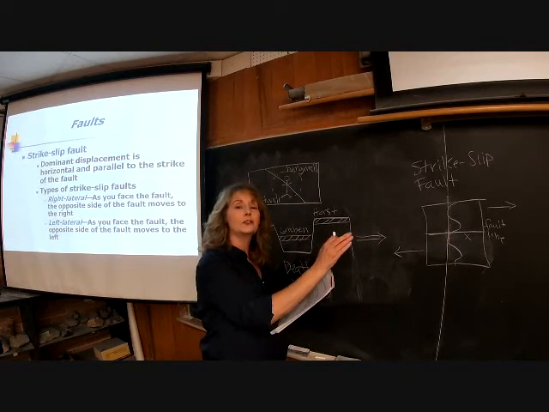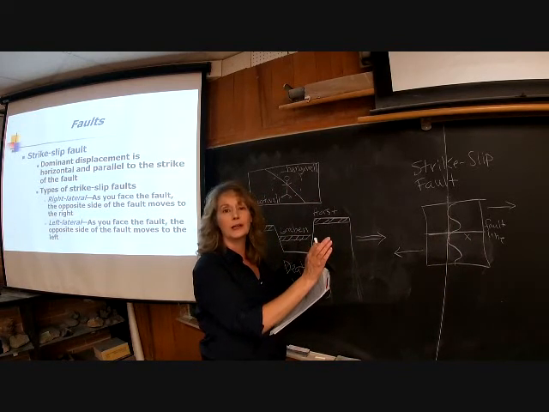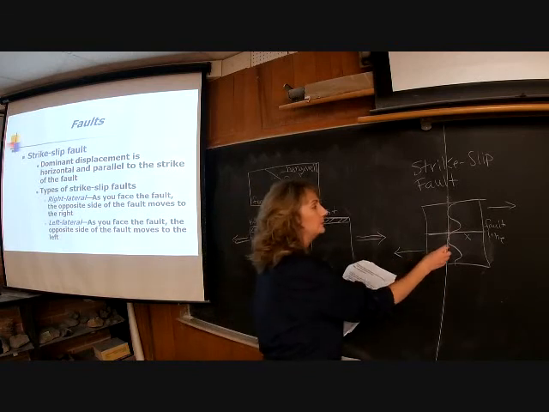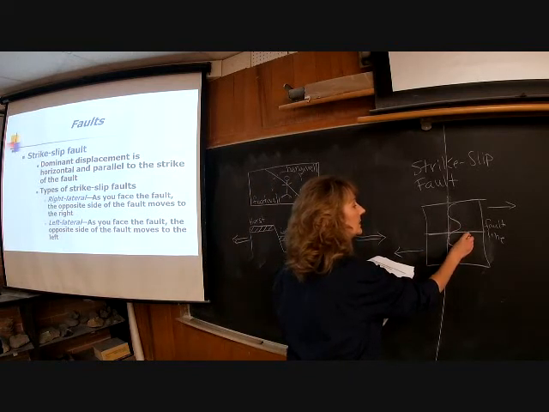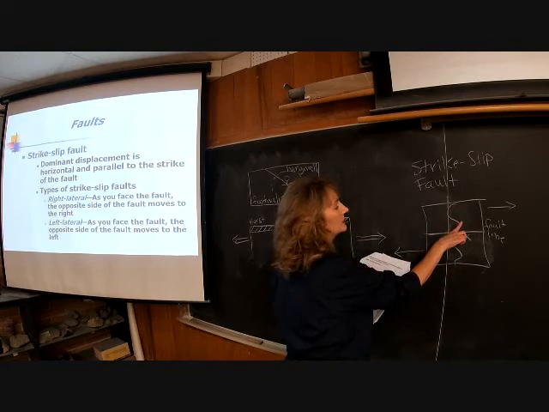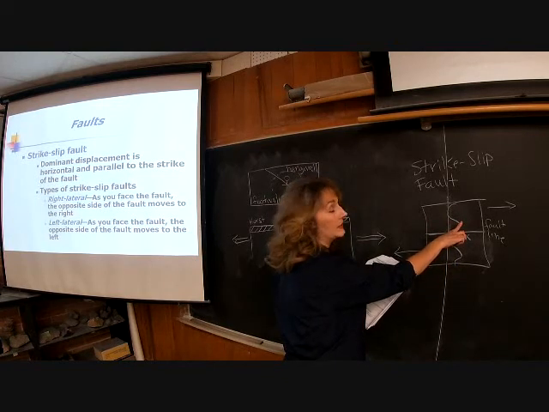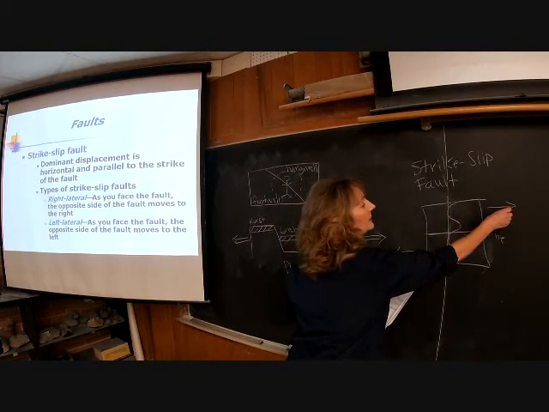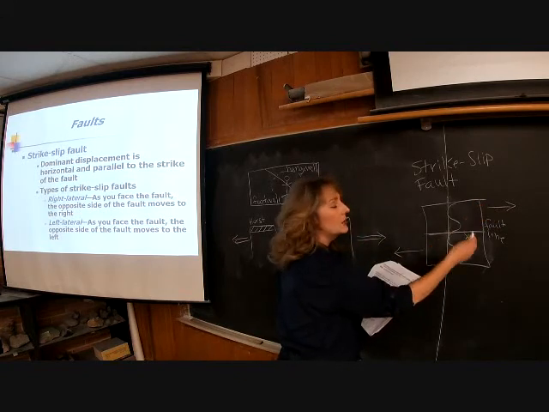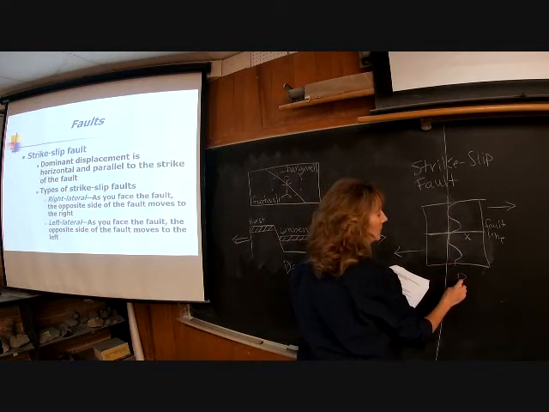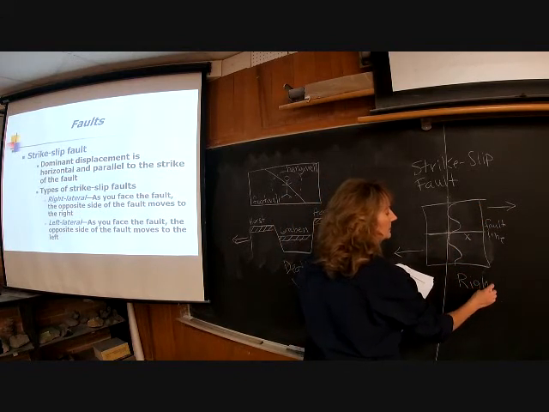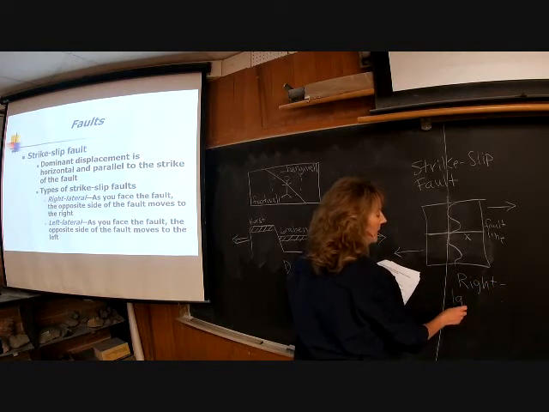And whatever the direction the motion is, you'll either call it right or left, lateral. So here we are, standing on this side, and we look across to the fault line across it, and we notice that everything went to the right. So that would be a right lateral strike slip, is how we would term that.